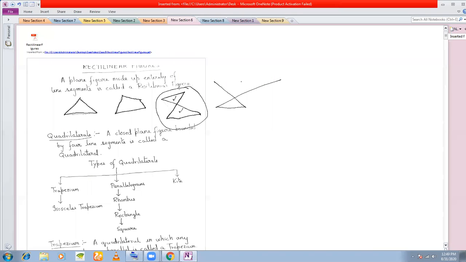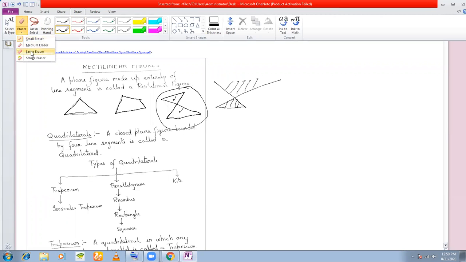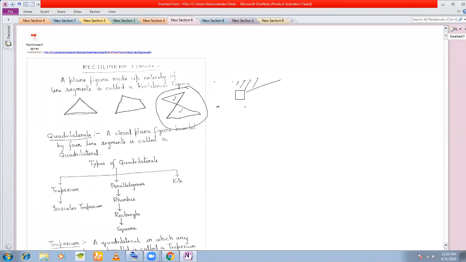If you see this part, it is not bounded, only this part is bounded. So the basic definition is that a quadrilateral is a figure made up of four line segments and it is bounded. We'll be dealing with quadrilaterals only in this chapter.